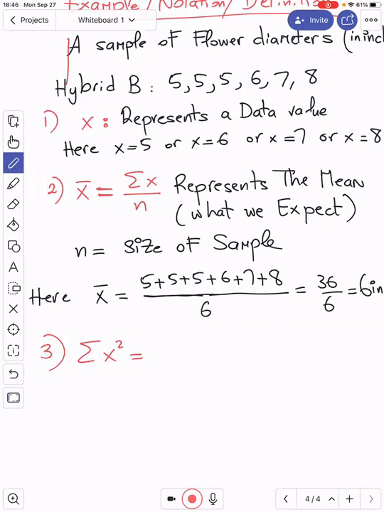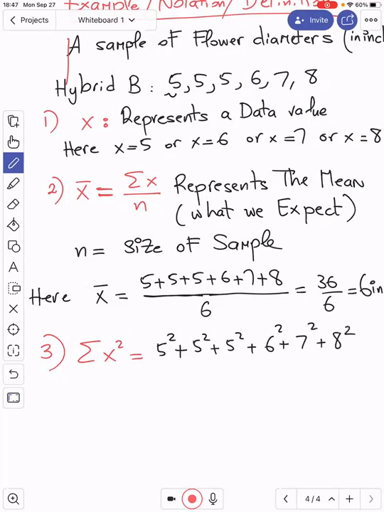Like in this example, the first data value is 5, so that'll be 5 squared, plus the second data value, again 5, so another 5 squared, plus a 6 squared, plus the next value, 7 squared, plus 8 squared.